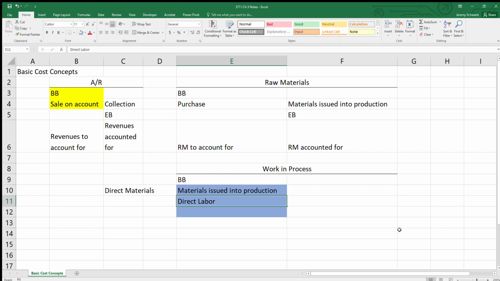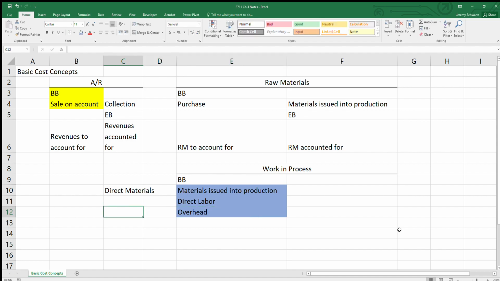So direct labor is another cost added into production to help convert the raw materials into something saleable. And then finally we have the overhead costs.